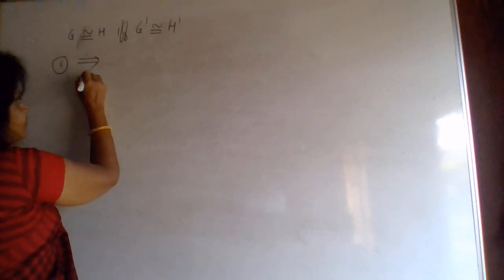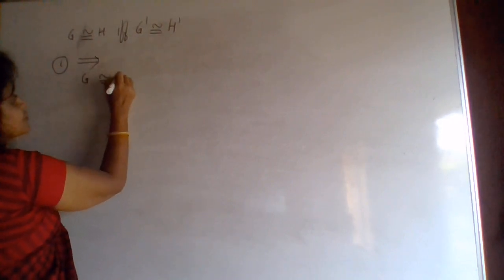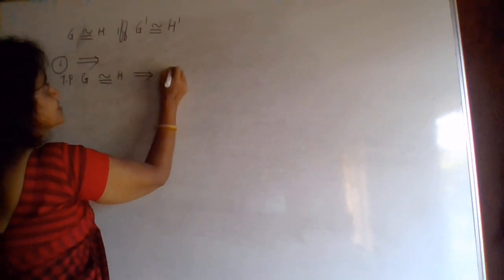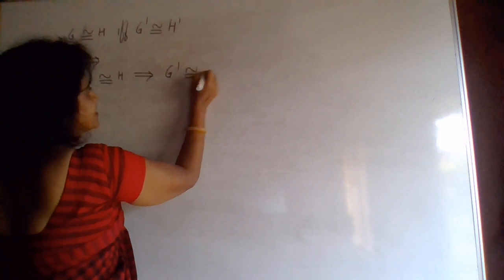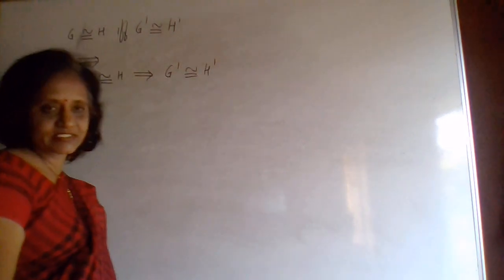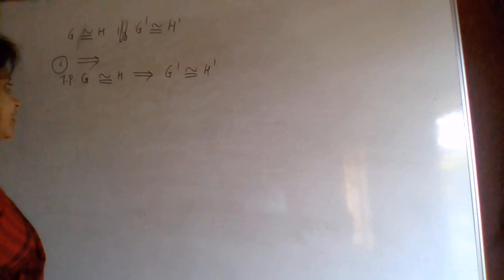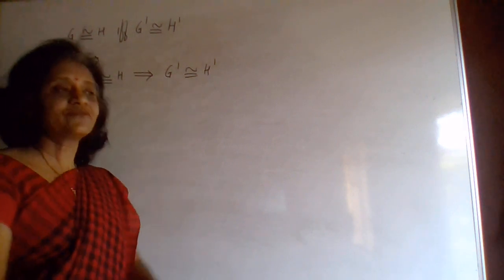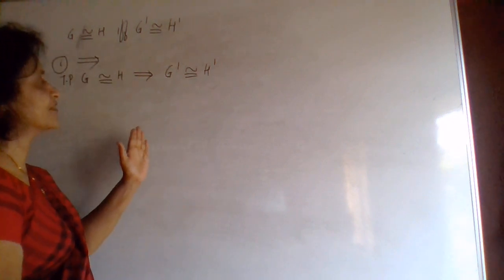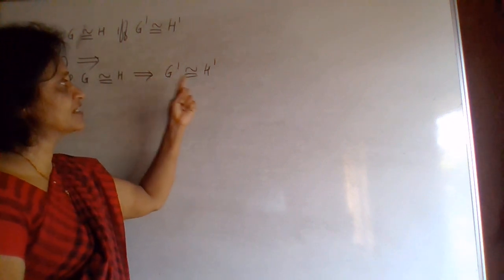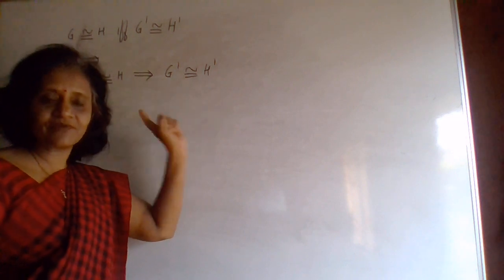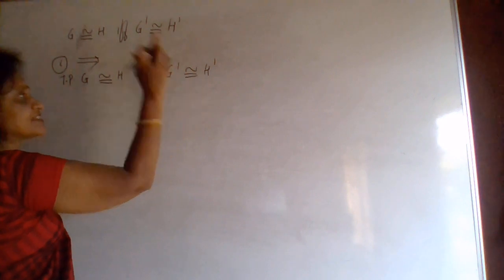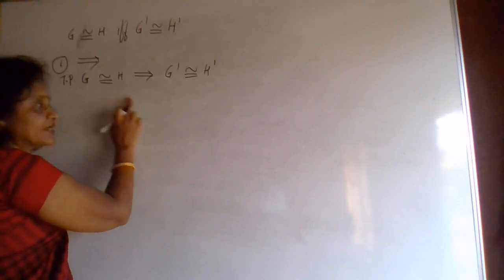What do we have to prove? G isomorphic to H implies G dash is isomorphic to H dash. How to prove it? When I want to prove G dash is isomorphic to H dash, first we should have a function from the vertex set of G dash to the vertex set of H dash, and the function is bijective. Now, the vertex sets of G dash and H dash are the same as the vertex sets of G and H, and these are isomorphic.